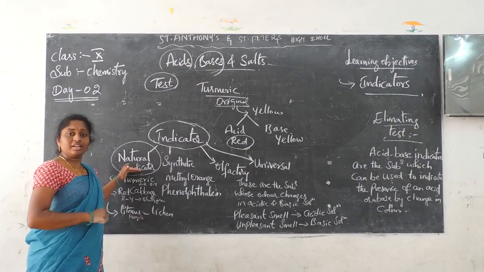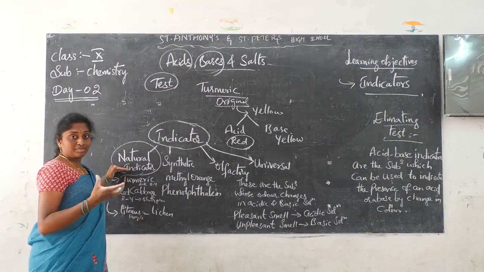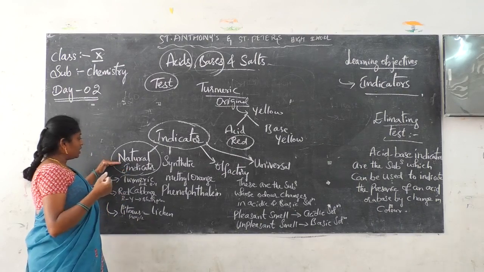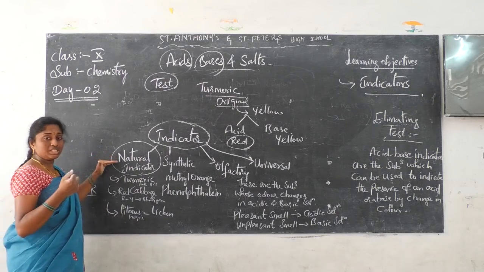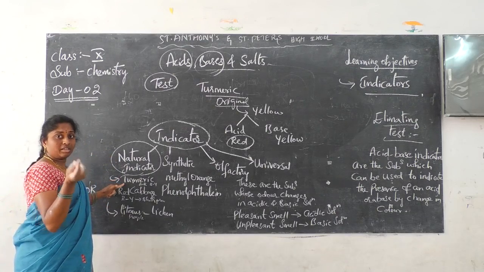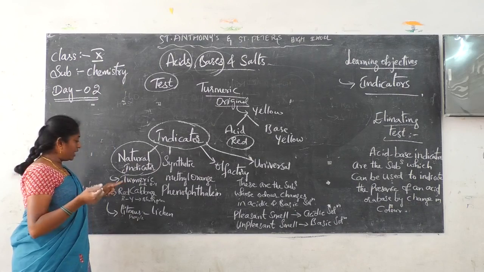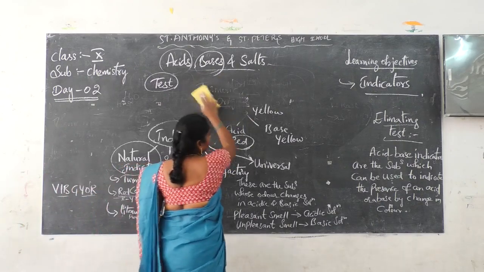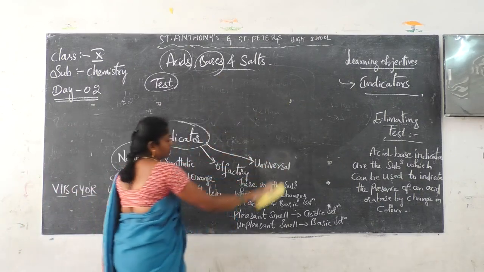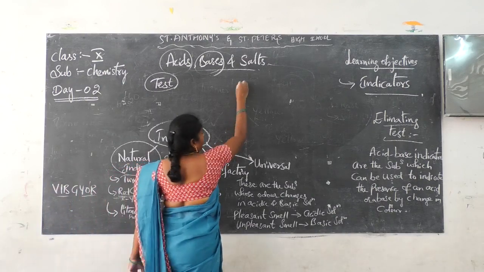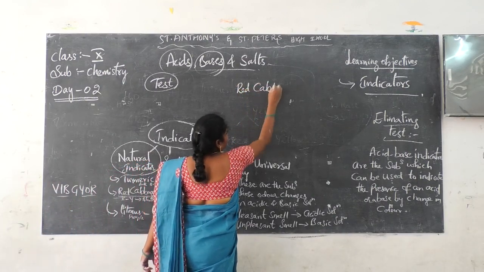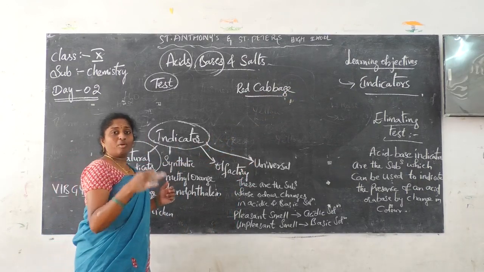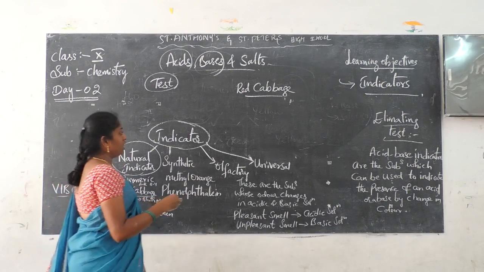What is a natural indicator? A natural indicator is a substance obtained from plants. The turmeric you got from the root of the plant. Now the next example, red cabbage. The red cabbage is somewhat pink, brownish, reddish in its original color.